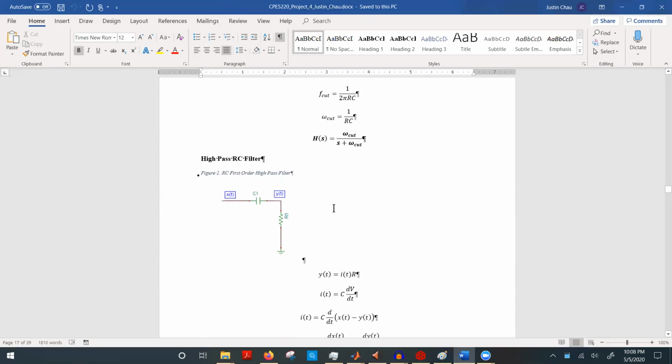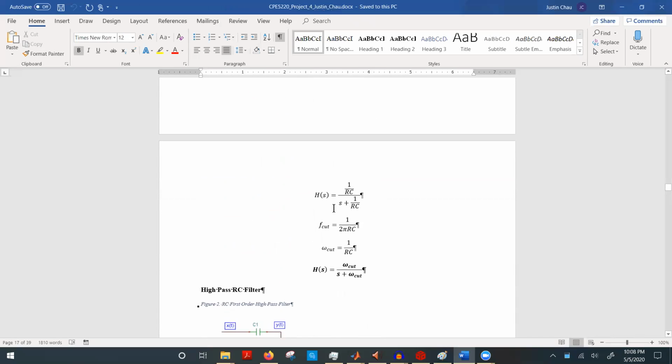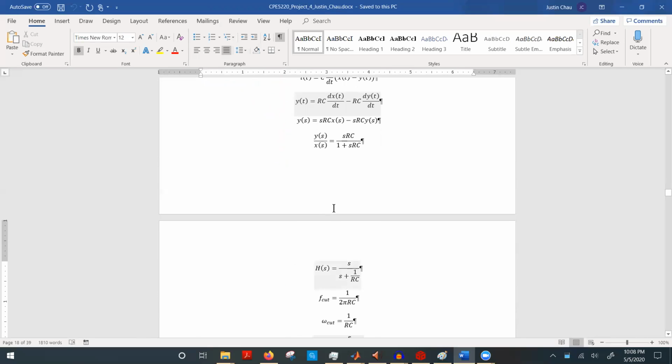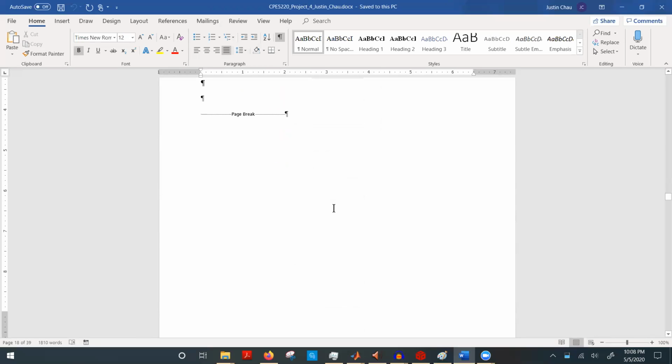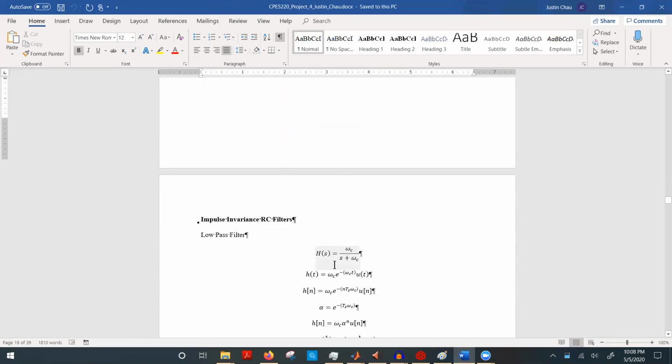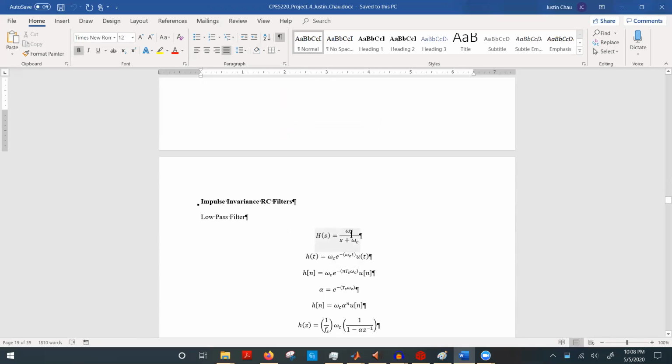With these two transfer functions in mind, they're a lot simpler than the notch filter. So we're going to do the same thing. We're going to generate the IIR filters for these using the impulse invariance method and through bilinear transform. The first thing we're going to do is impulse invariance, starting with the low pass filter. This is what the transfer function looks like in the S domain.